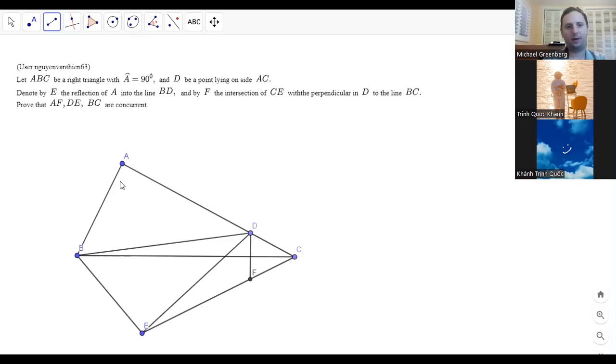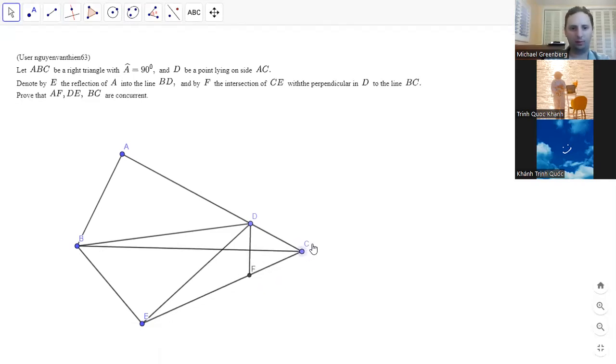So this looks like it might almost be easy because we just want to show F is the reflection of B across BC, right? And the problem is equivalent to that because then it's true by symmetry. Actually, I'm not sure if that's true. I think it is though. Oh, maybe not actually.